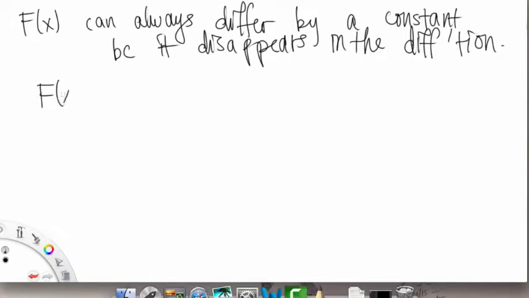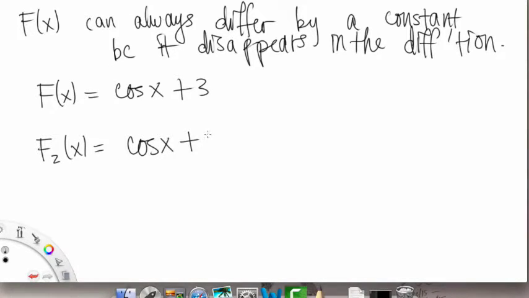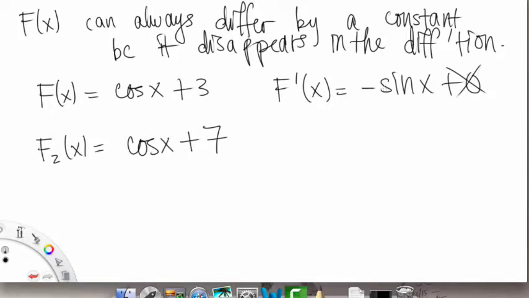Let's say we have a capital F of x equal to cosine x plus 3, and we also have F sub 2, our second equation, equal to cosine x plus 7. Let's differentiate both. We get F prime of x equal to negative sine x, and the constant turns into a 0, so it doesn't matter. If we differentiate this one, we get negative sine x plus a 0, because the constant goes away.